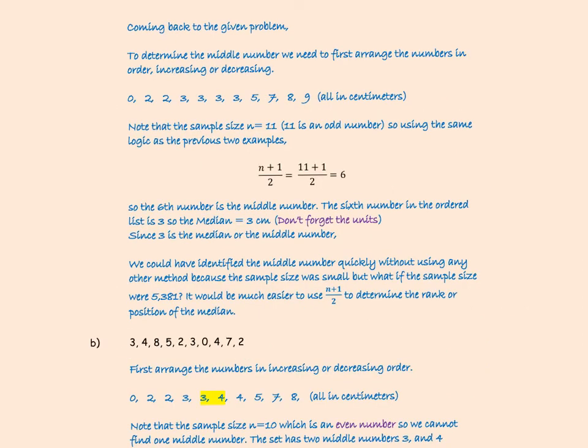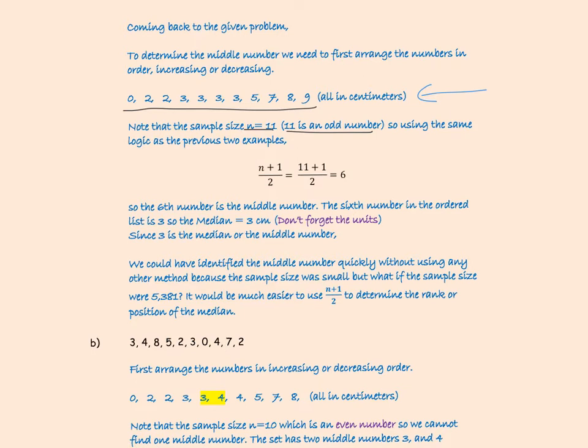Now let's think about the problem that was given to us. We had a set of numbers, all in centimeters. What we first do is arrange them in either ascending or descending order. Identify the sample size. The sample size is 11. Again, 11 is an odd number. So let's see if the formula works for us.